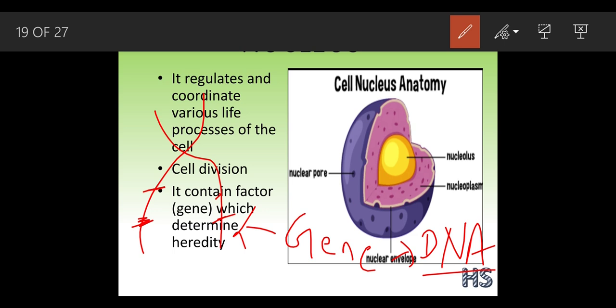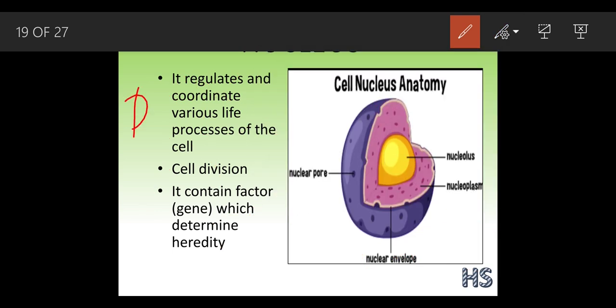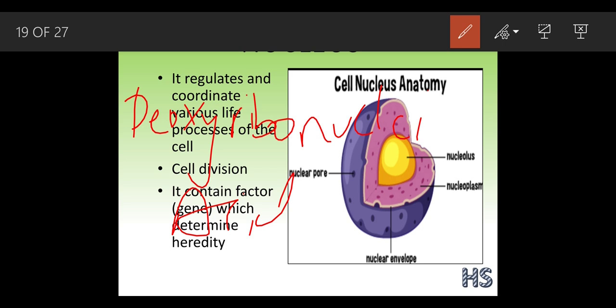The abbreviation of DNA is deoxyribonucleic acid. What is this DNA? This DNA is a complex chemical substance. So basically you understand that this is a chemical substance which is present inside the human.